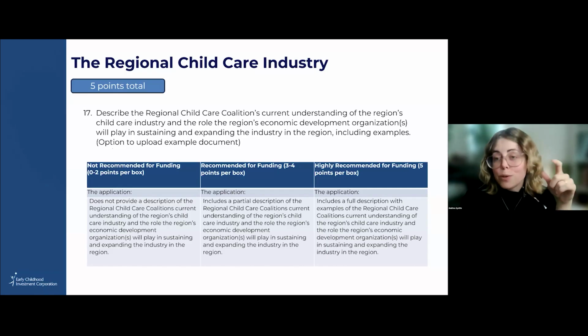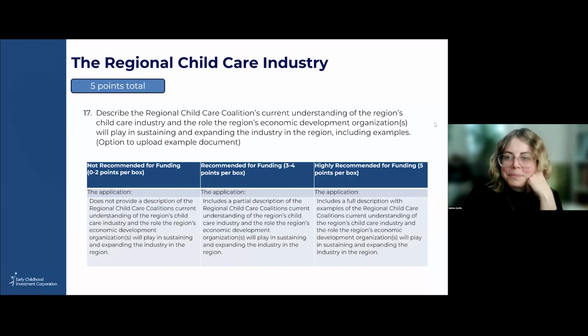So this is another one of those questions where, if you have your action plan, if you have documents that you want to upload that really help speak to this, it is required that you put in some narrative, but feel free to add that you can also see this document on page 24 in this section. You can see that we have outlined our understanding or any data that we've collected or anything like that to really spell that out.